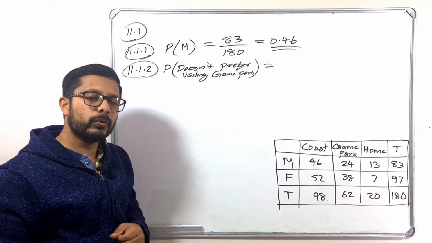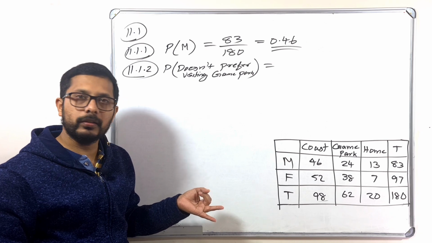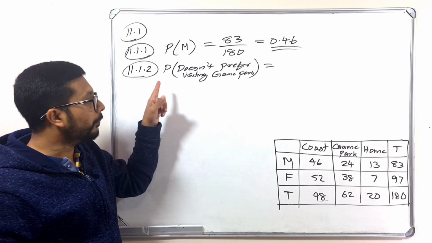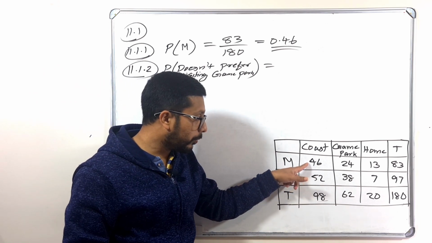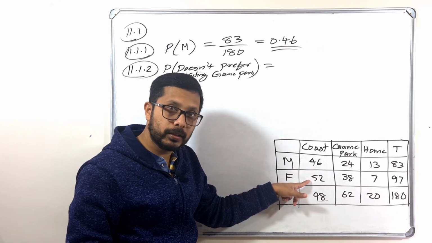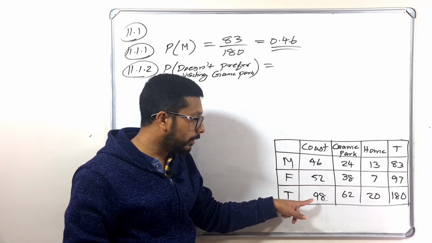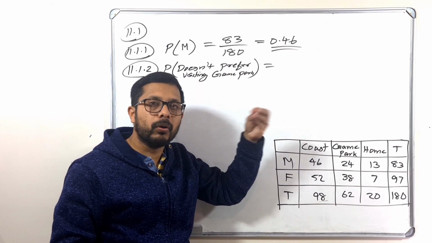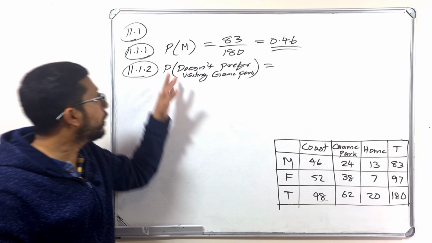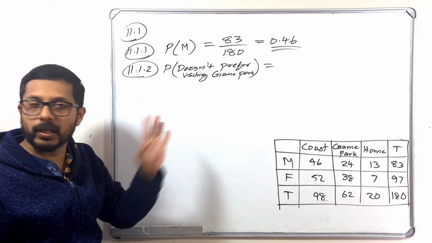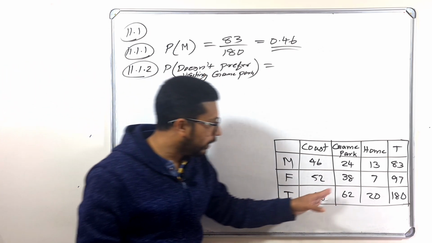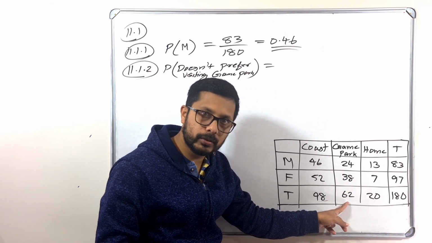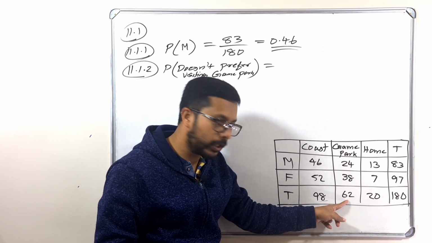Are they talking about male or female? No, they are not saying anything about that. So you are not supposed to take any of these numbers individually; you are supposed to take the totals, because in this question they are not saying male or female. They just want does not prefer the game park. So this 62 is not allowed, because that is the total of game park. Am I right?